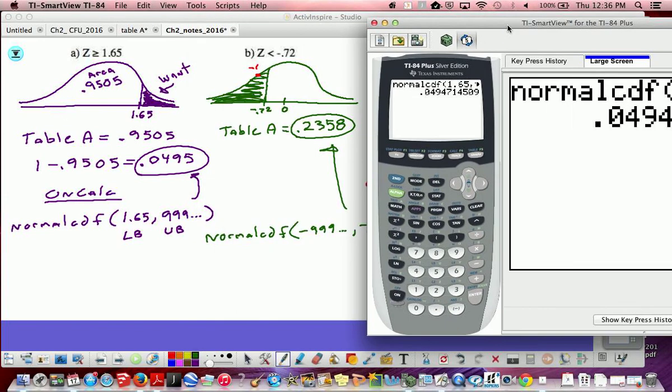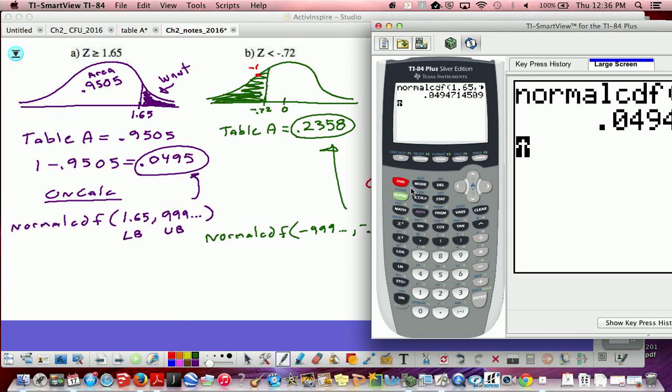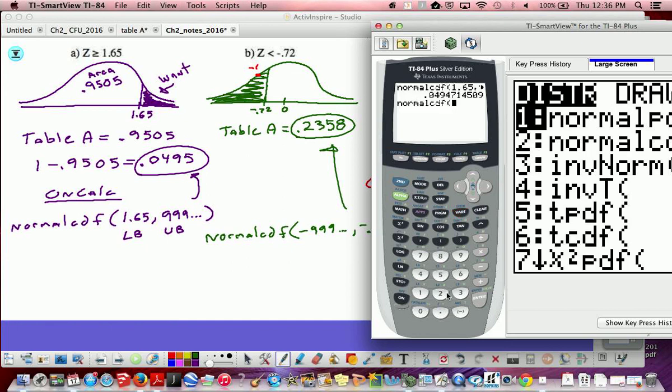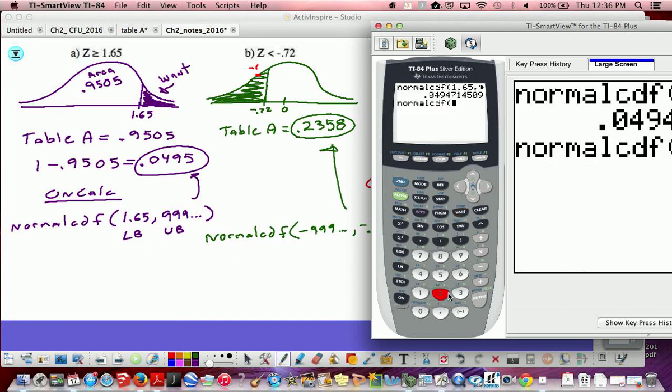Up, and second, VARS. Of course it helps if I hit VARS. So I get normal CDF. Negative 999, comma, negative 0.72. Make sure you're using the negative symbol, not the subtraction symbol.